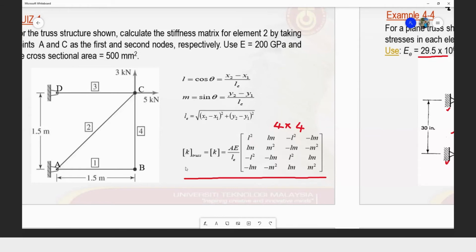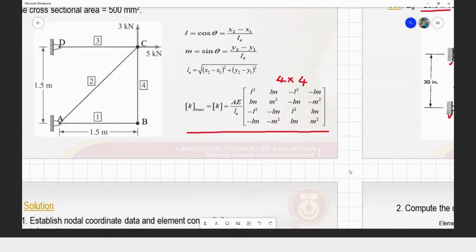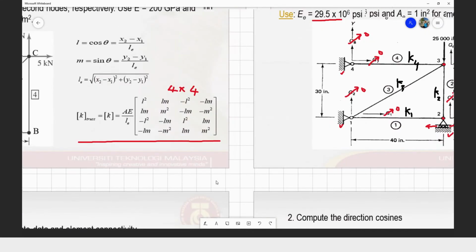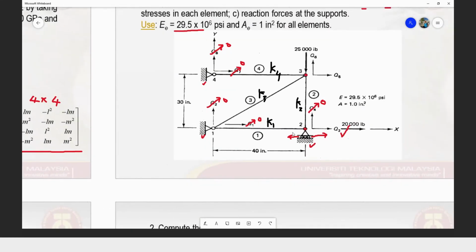Now we know this is our K matrix and how it looks. What is next is to evaluate the angle of our element according to the element connectivity.